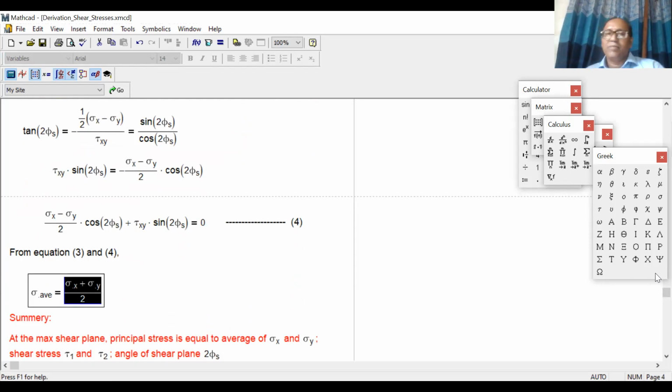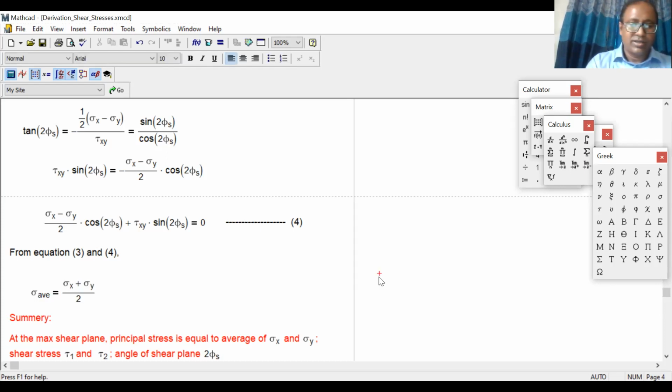So you see, for example, you got 2 phi s. You will always get two values. One you got, say, 60 degrees. So how to get the other one? 60 plus 180, so 240.